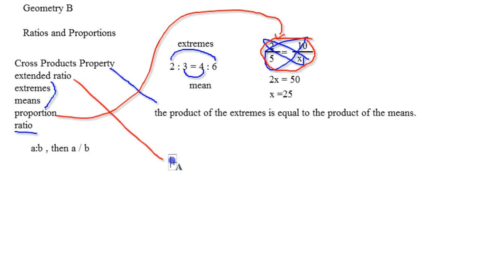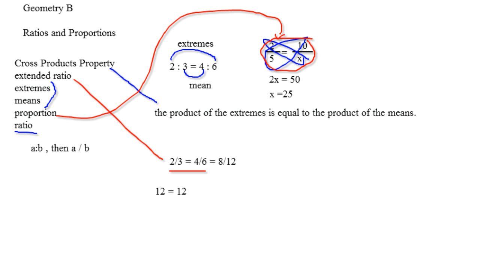Now extended ratios, this is kind of cool. Extended ratios are where you have several fractions equal to each other. So in other words, 2 over 3 is equal to 4 over 6, which is equal to 8 over 12. And as you can see, if I do the cross product with each one of those, I should get the same number. For example, 2/3 equal to 4/6: when I do the cross product, I get 12 equals 12, because 2 times 6 is 12 and 3 times 4 is 12.